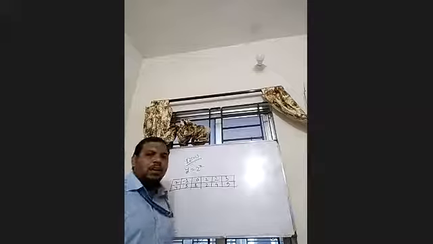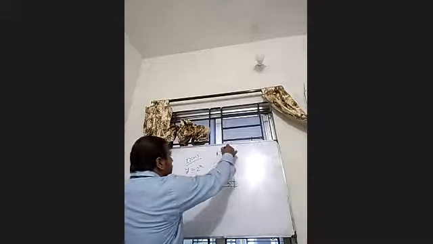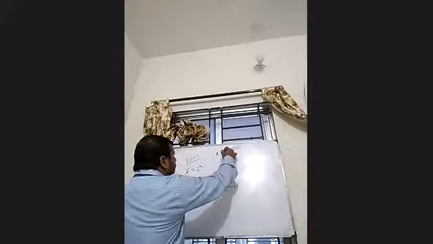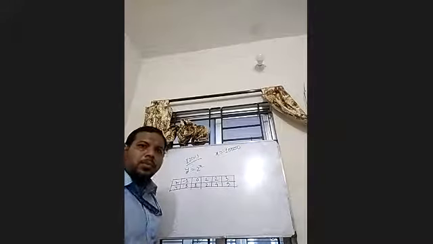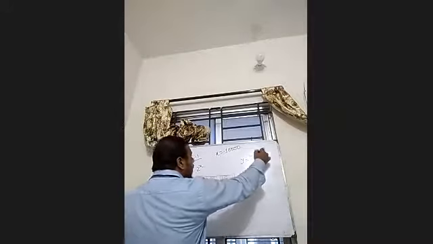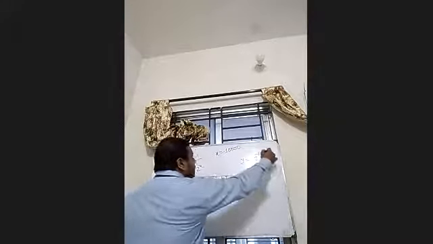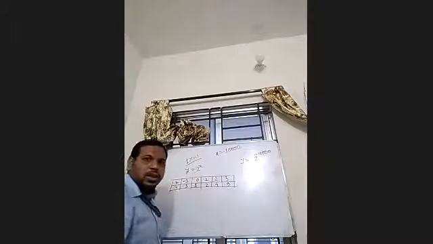Because if we put x equal to, for example, minus 10,000, say for example we are putting x is equal to minus 10,000, so y will be 2 to the power minus 10,000.